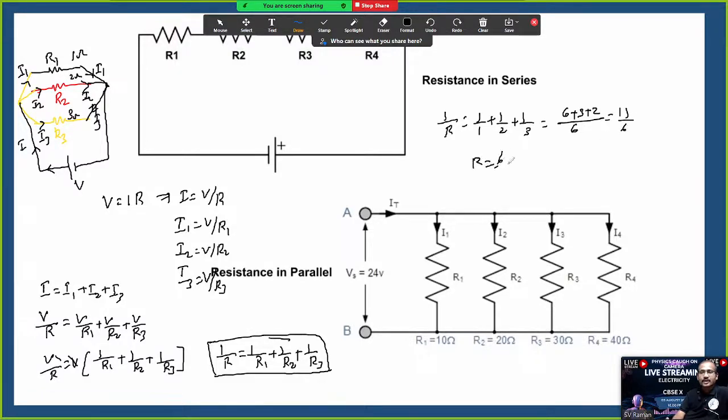So R is equal to 6 by 11, approximately 0.5 ohms. So we got the minimum value. The total resultant resistance in parallel is always lesser than the individual resistances. Hope it is clear what is series and what is parallel.